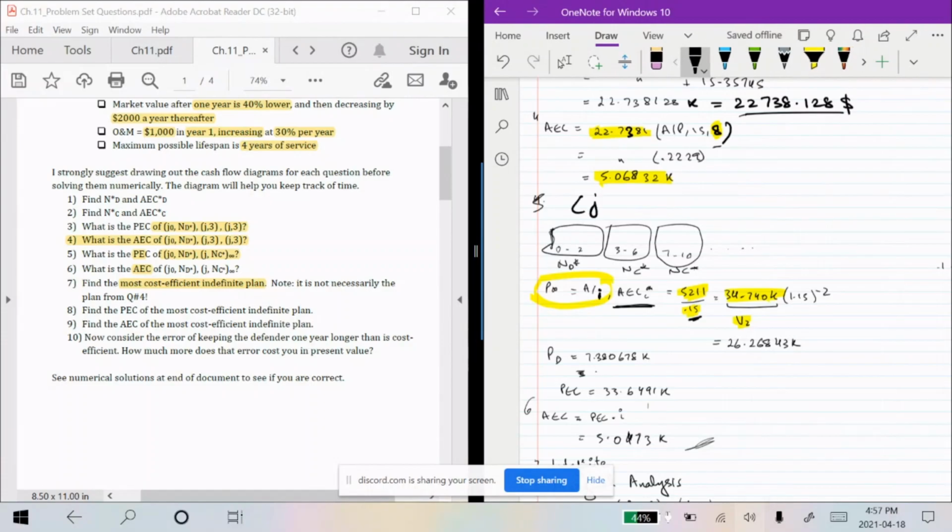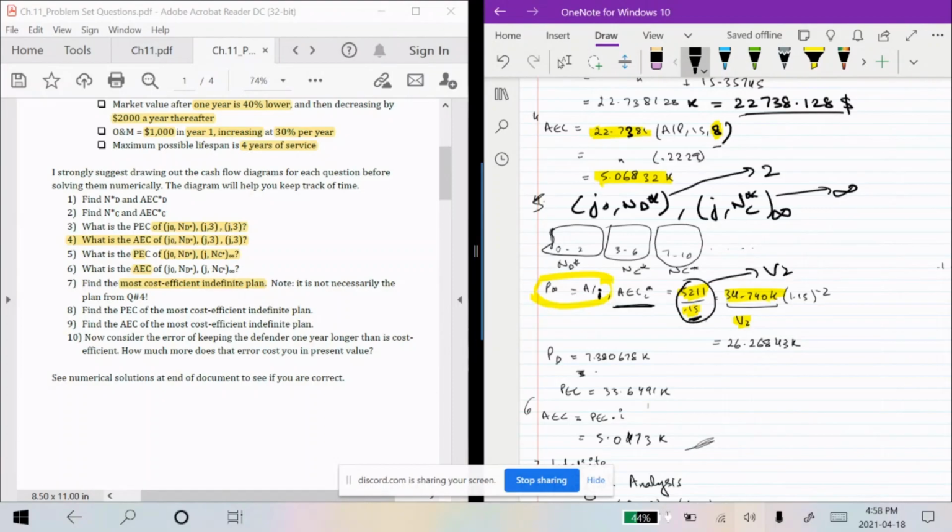For question number 5, they gave us J0 ND star and J NC star to infinity, right? So this is being used for 2 years, and this is being used infinitely. So when you find this out, it's going to be in V2, right?